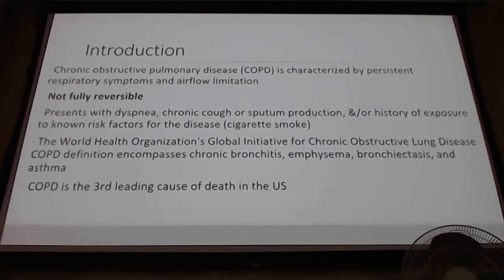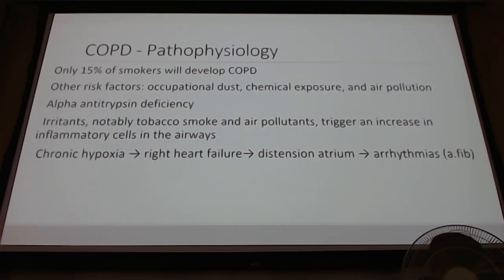It is the third leading cause of death in the U.S., so it is very common. We typically associate it with smokers, but we see it in a lot of patients that don't smoke as well. So it's not a slam dunk. There are also rare disorders like alpha-1 antitrypsin deficiency. You can see it in certain populations that work with a lot of dust or smoke exposure or machinery.